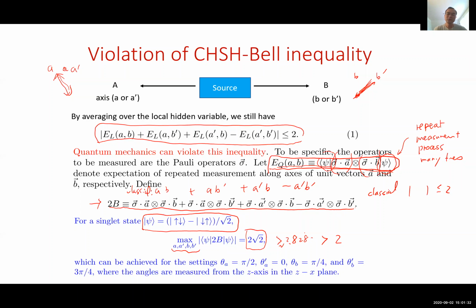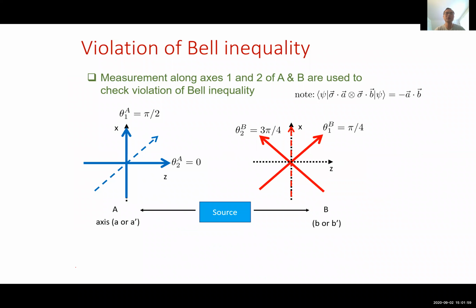In your homework you would perform the calculations, but the upshot is that the measurement settings for the A side are the angles pi over 2 and 0. The two different settings on the B side are pi over 4 and 3 pi over 4. It's easy to just show what it looks like here.